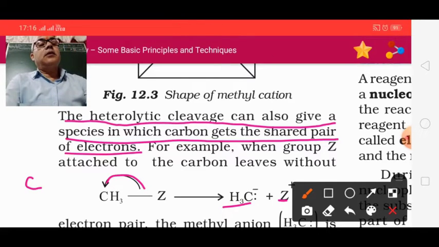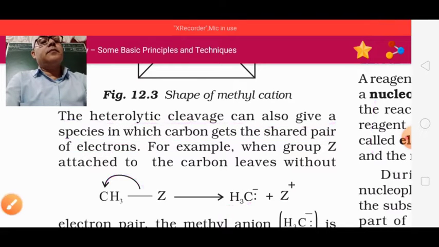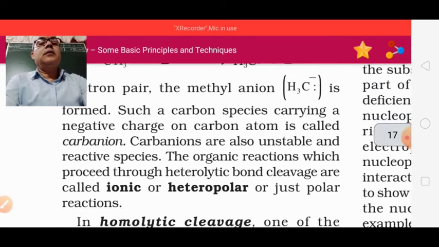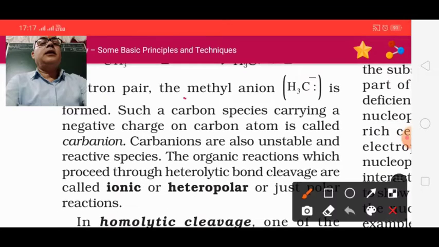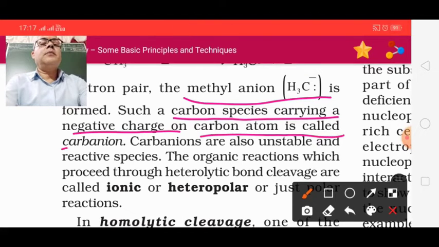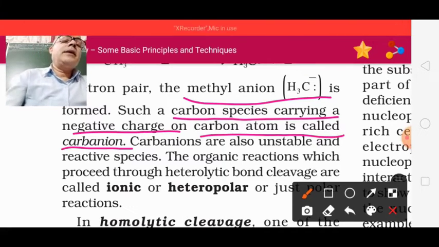This species you can see here is formed by the heterolytic cleavage. The carbon species has a negative charge and a shared electron. This type of carbon is called a carbanion.